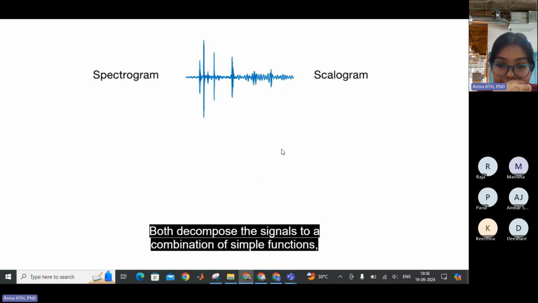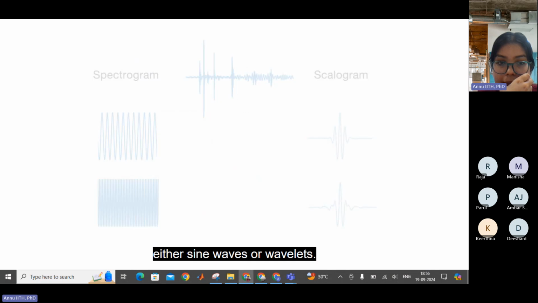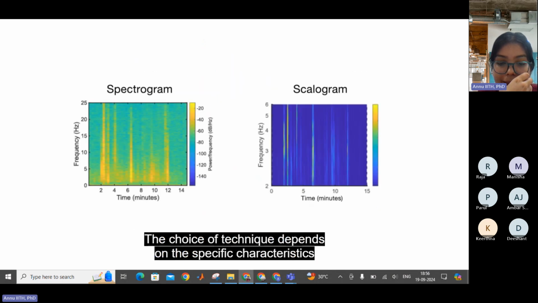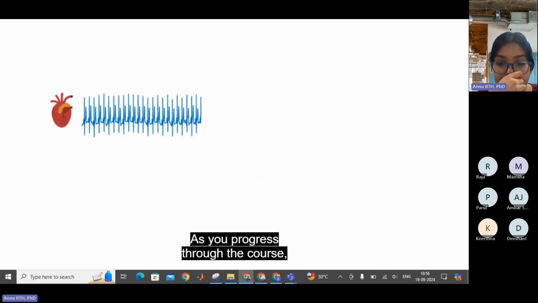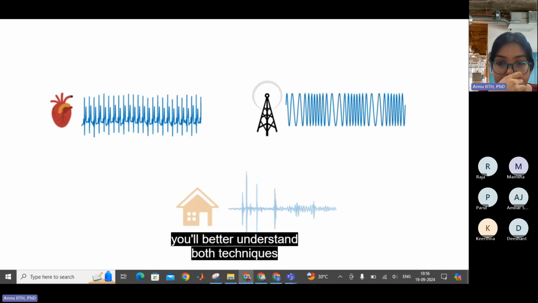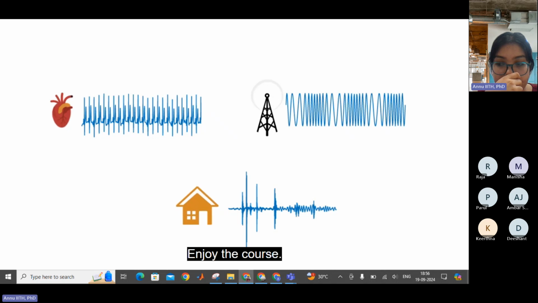Both decompose the signals to a combination of simple functions, either sine waves or wavelets. The choice of technique depends on the specific characteristics and objectives of the signal analysis task. As you progress through the course, you'll better understand both techniques for analyzing time-varying frequency signals. So let's get started. Enjoy the course.